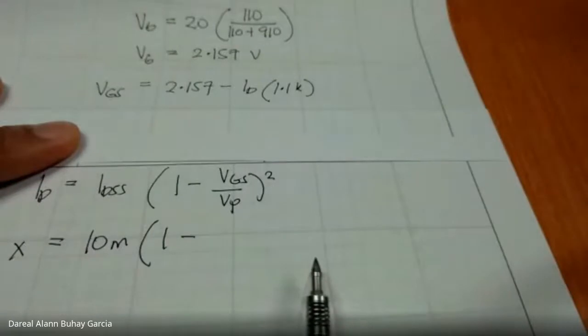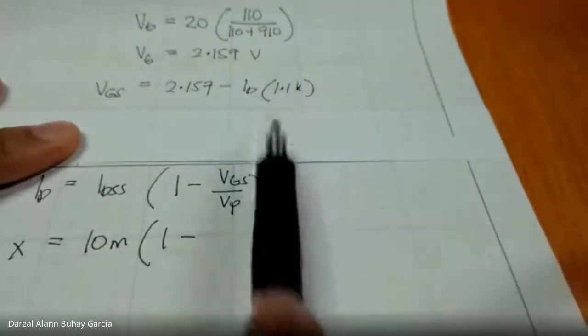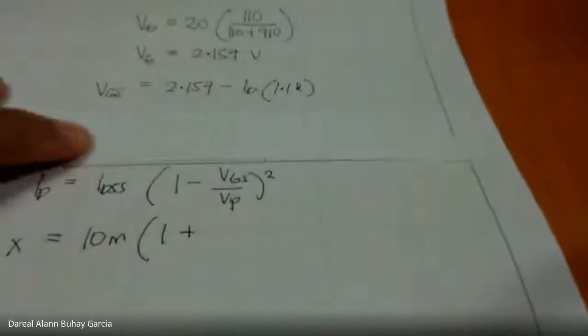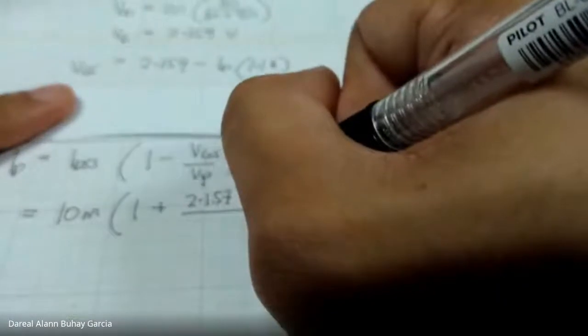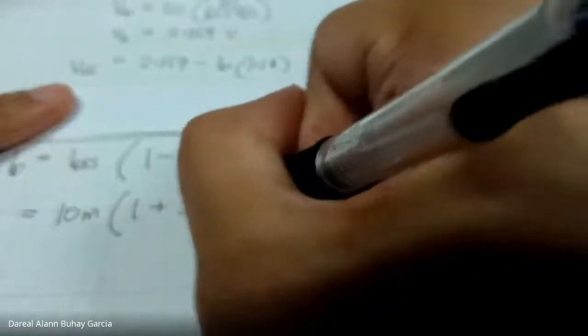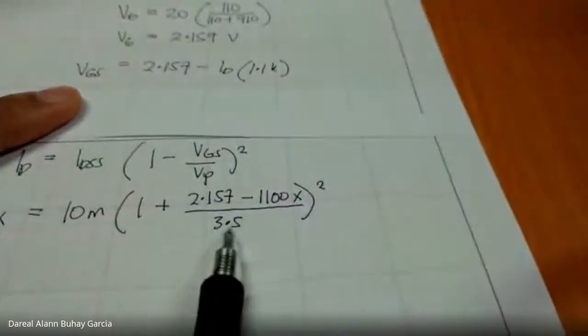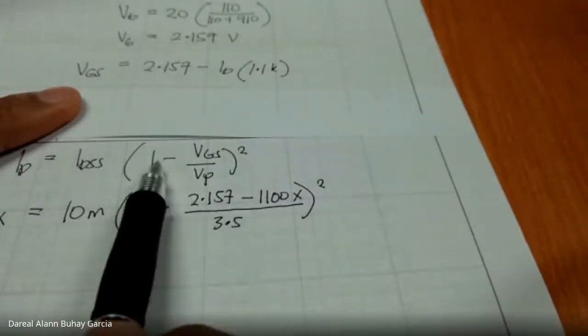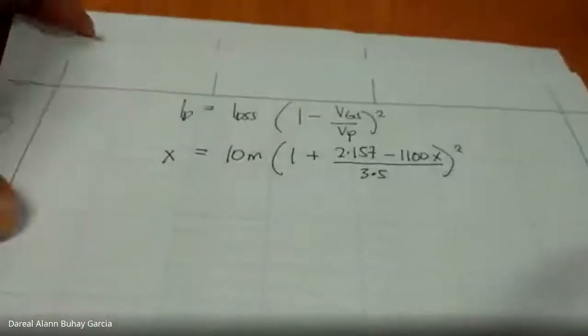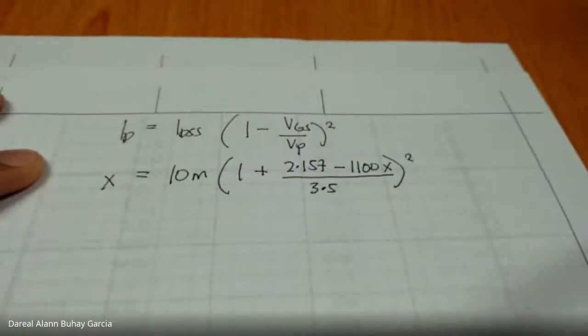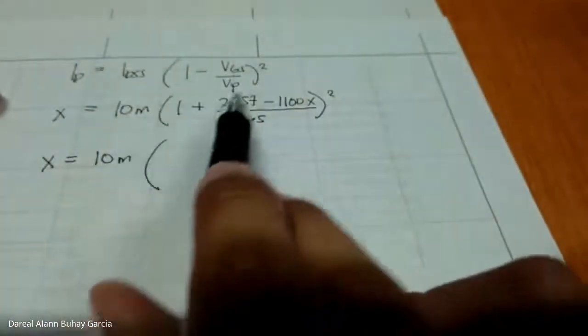For VGS, we have 1 minus VGS over VP. Since VP is negative, it becomes positive: plus 2.157 minus 1100 ID all over positive 3.5. The negative of VP cancels the earlier negative, so we retain the sign of VGS. Then we add everything.